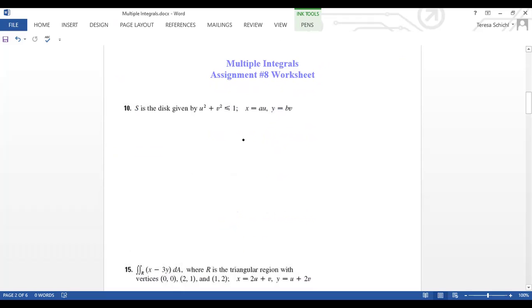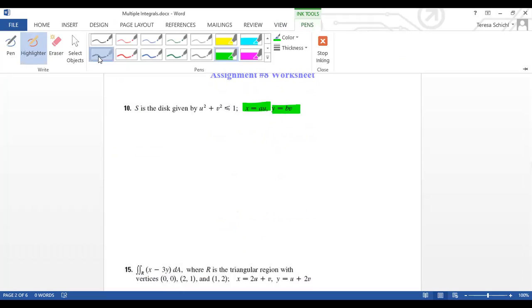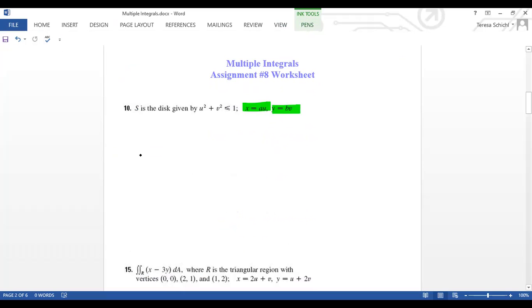There's number 10 here. So S is the disk, u squared plus v squared less than 1. Then here is my transformation, x equal to aU, y equal to bV. So let's take a look at what the original xy region is.